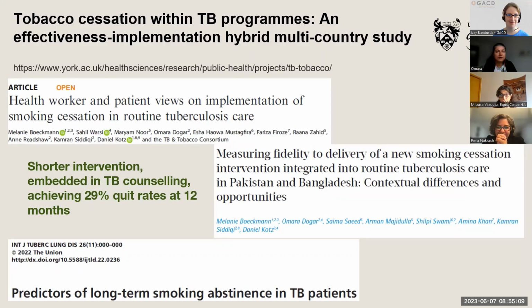And after transferring our experience, we ended up shortening the intervention from 30-40 minutes in the previous studies to just 10 minutes. And it was embedded within TB counseling because of the structural barriers and the patient burden. The providers just did not have the time for a longer intervention. And we were still able to achieve 29% quit rates at 12 months, which was remarkable.